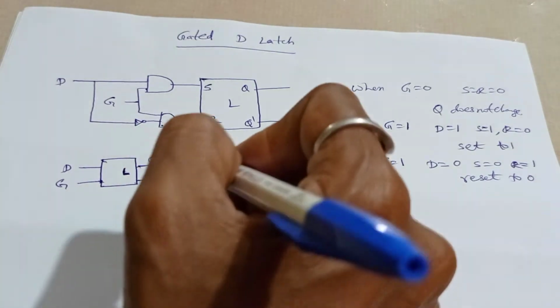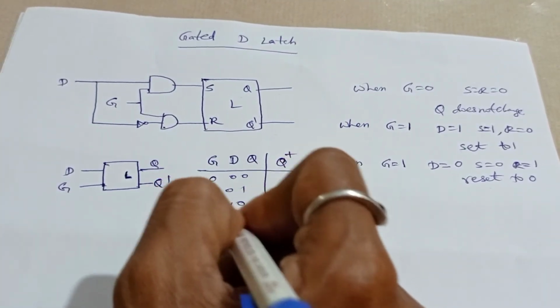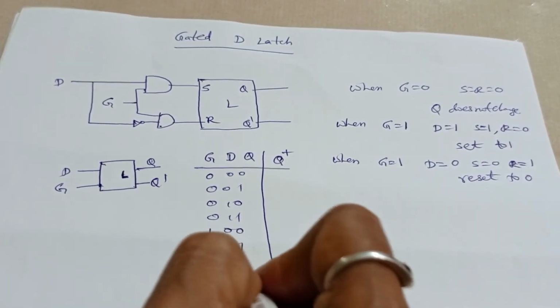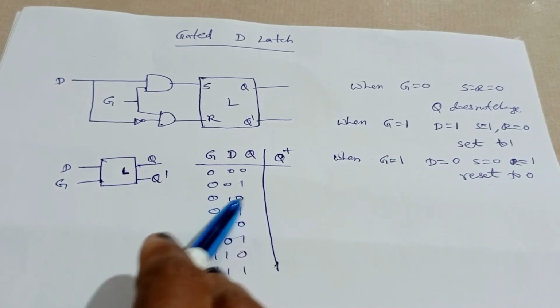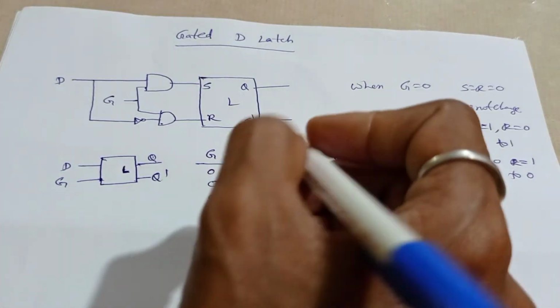We will see that for all combinational values, 0, 1, 2, 3, 4 up to 7. Okay. Now we'll see the next state.